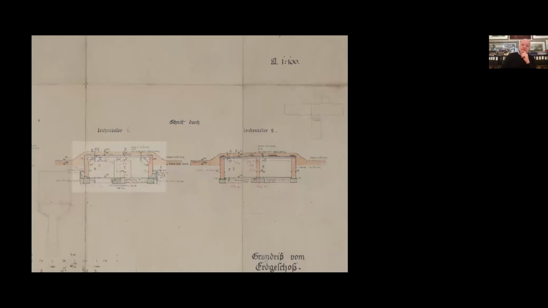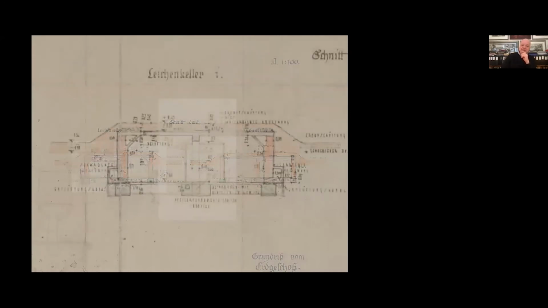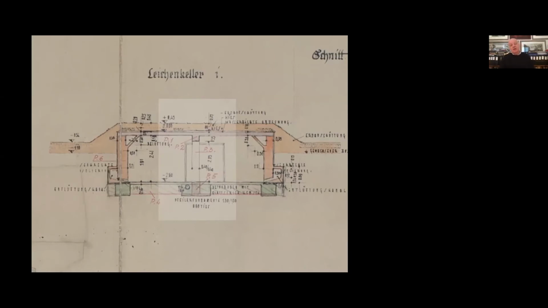But if we're now looking at greater detail at Leichenkeller number 1, you see that there are no gas columns. We actually have not a single drawing from either the Auschwitz-Birkenau archive or the archive in Russia, which also has original materials for the construction of the camp, that actually shows these gas columns.